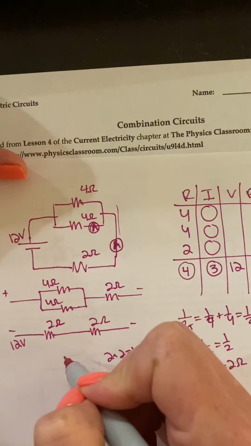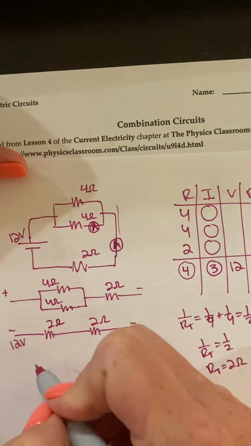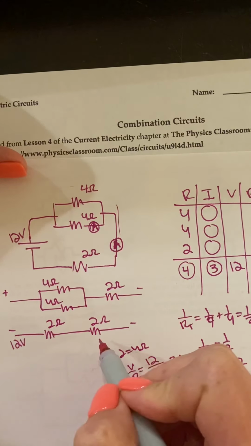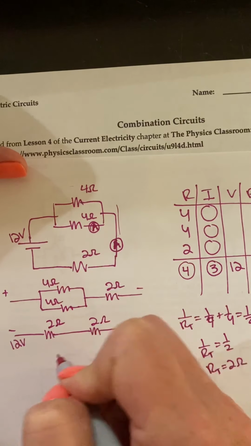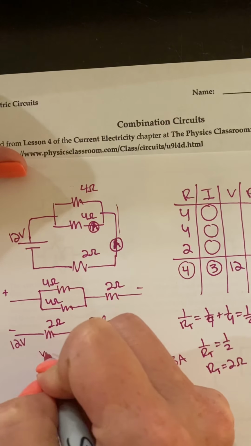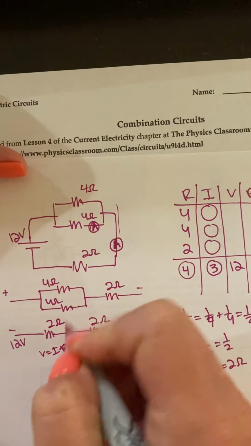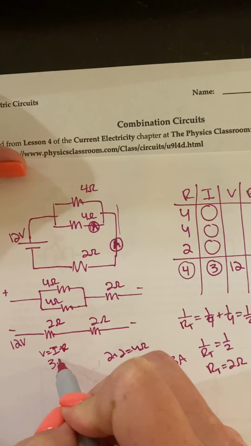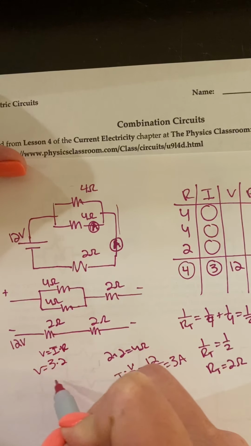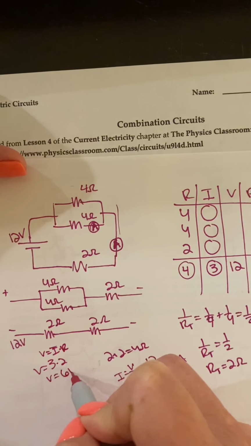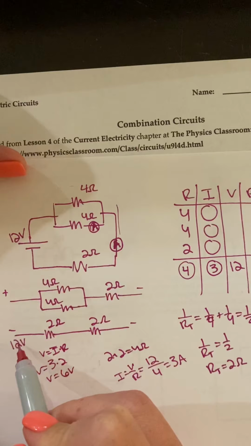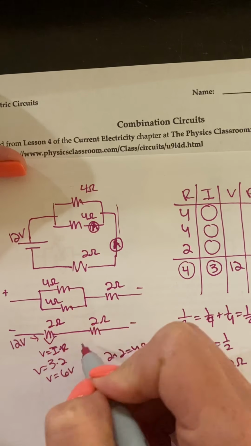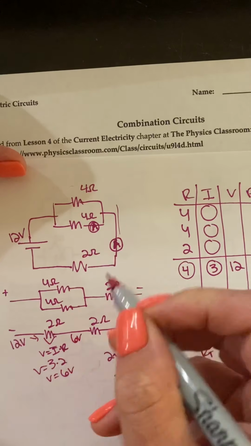So in order to do that, I'm going to calculate my voltage drops over these 2 parts of our circuit using Ohm's law. So V is I times R. So my current is 3 times my resistance, which is 2, gives me a potential difference of 6 volts. So I started with 12. I used up 6, I'll have 6 left over down this part of my circuit.